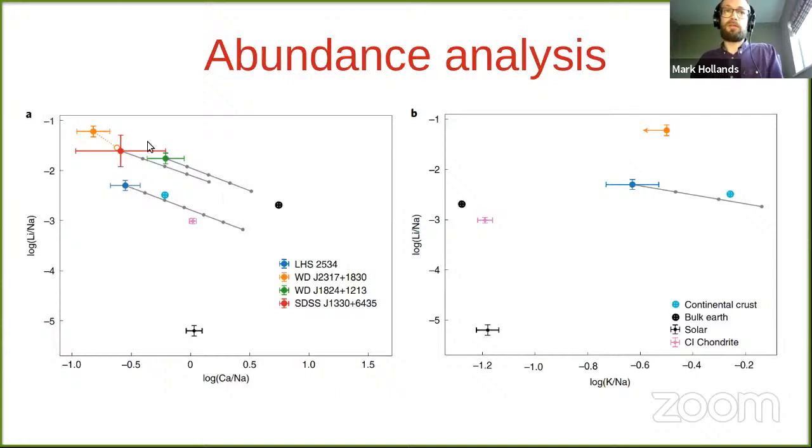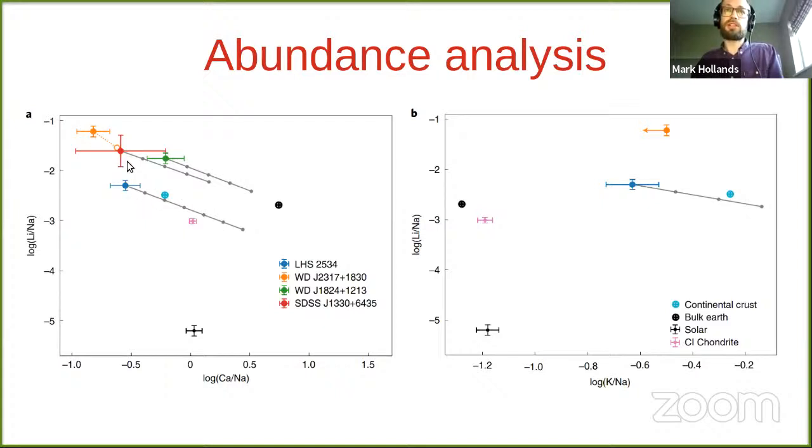So what we have here are our four clusters of points for our four stars, looking at their calcium to sodium ratios and their lithium to sodium ratios. And we see they form a nice cluster up here in this parameter space.